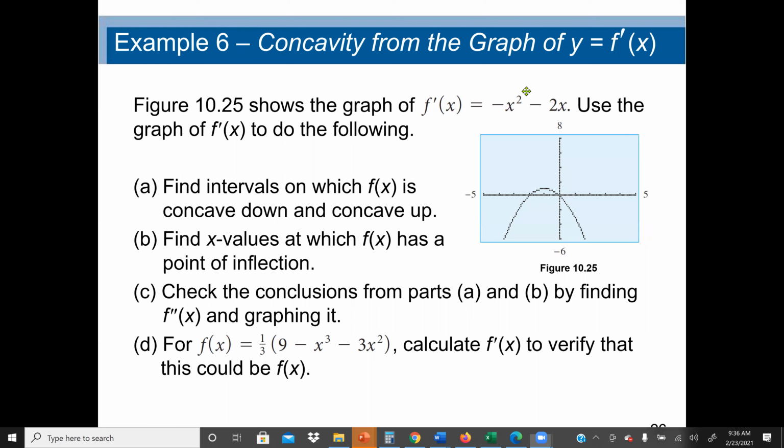So let's say this example, concavity from a graph of y equal to f derivative at x. So we have a question here. They gave us the graph already, 10.25. And this graph shows the first derivative is given to us.